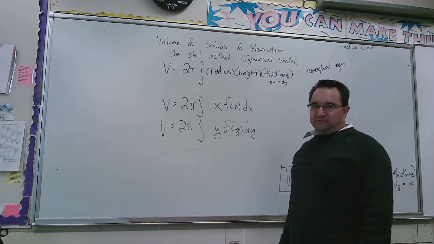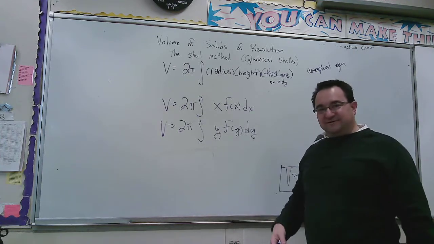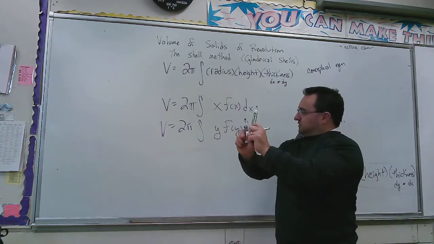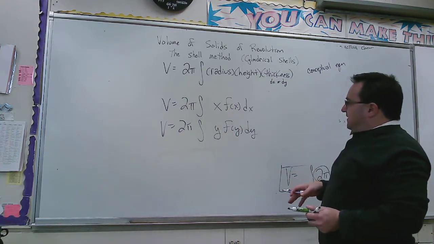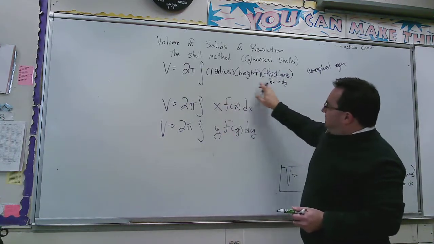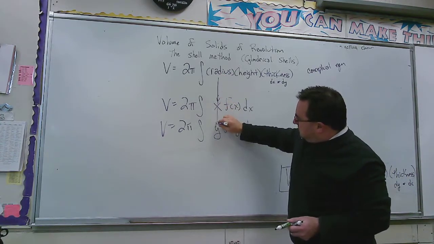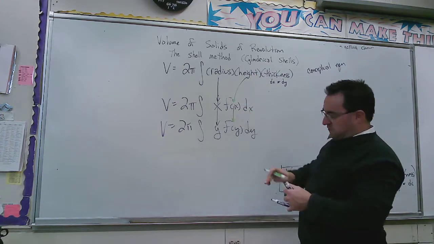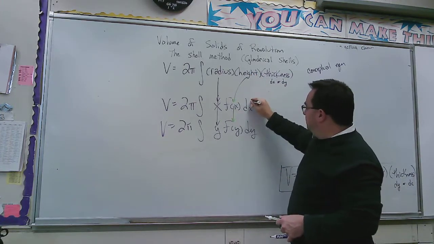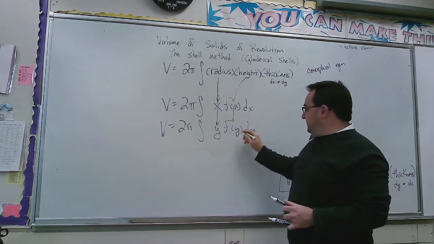You got to be careful with that because this is only true if you're revolving it around the x or y axis. If you do it offset, you have to adjust this. But we won't worry about that for now. This is the key. This is the key. See how that flows? Now, this you got to be careful.